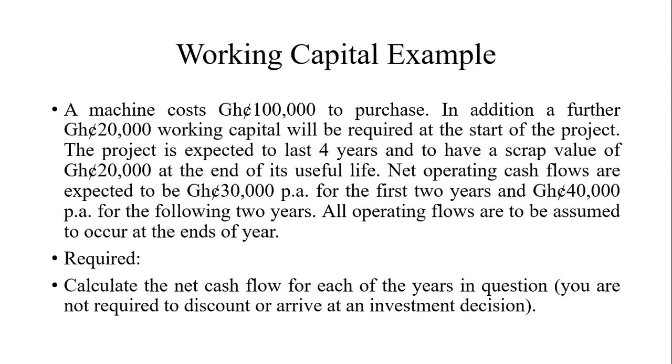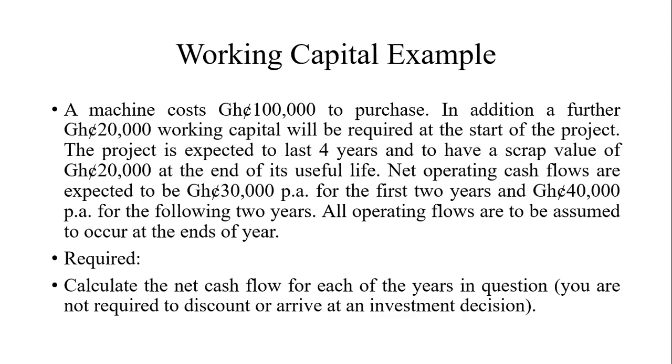All right, so a machine costs 100,000 Ghana cedis to purchase. In addition, a further 20,000 Ghana cedi working capital will be required at the start of the project. The project is expected to last 4 years and to have a scrap value of 20,000 Ghana cedis at the end of its useful life.